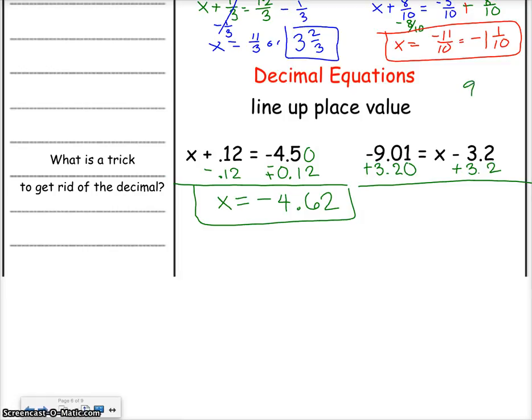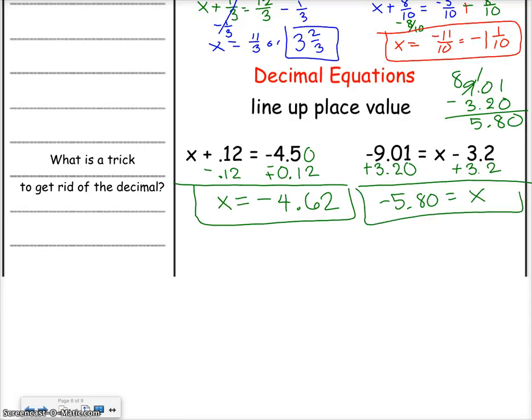So 9.01 minus 3.20 would be negative 5.80 equals x. What? Yep, that's what I mean.